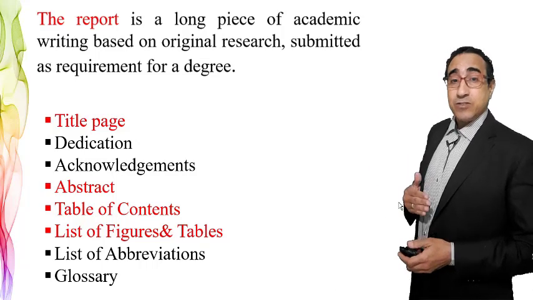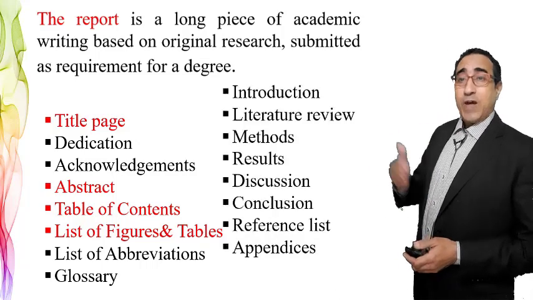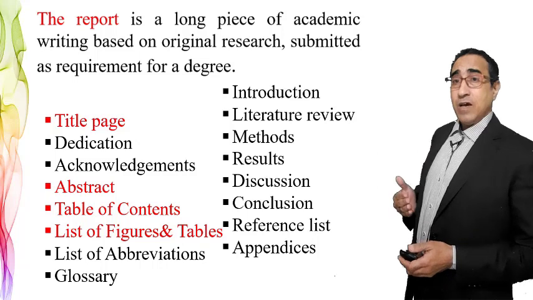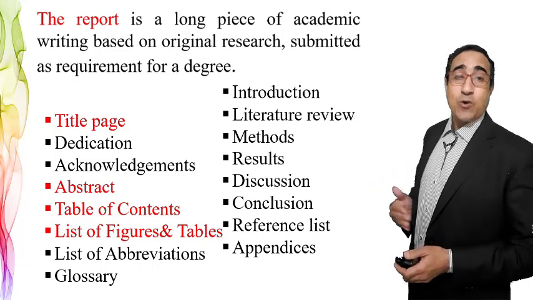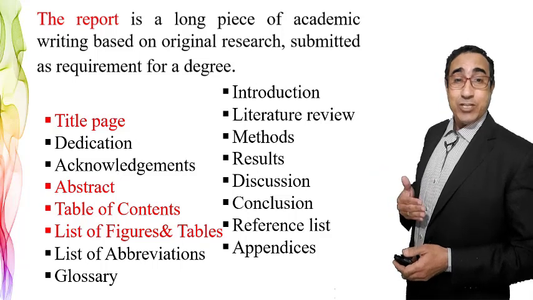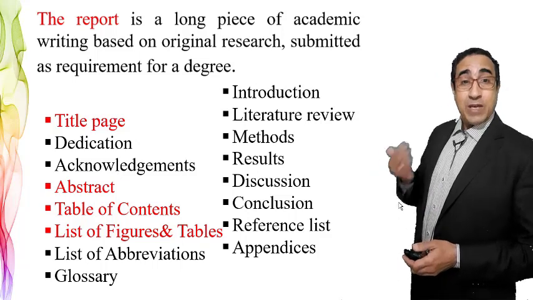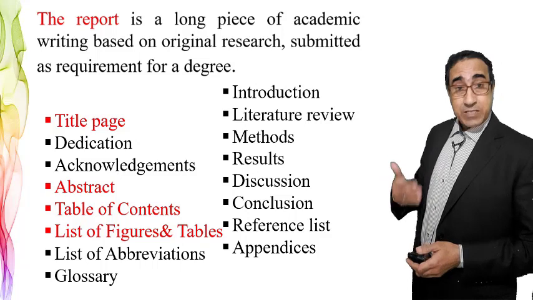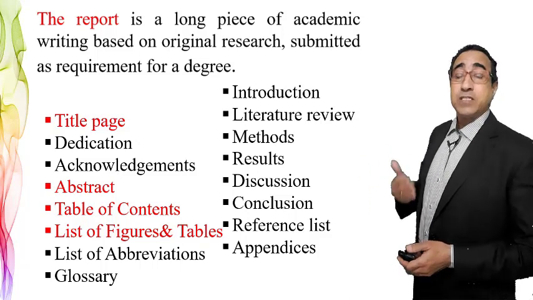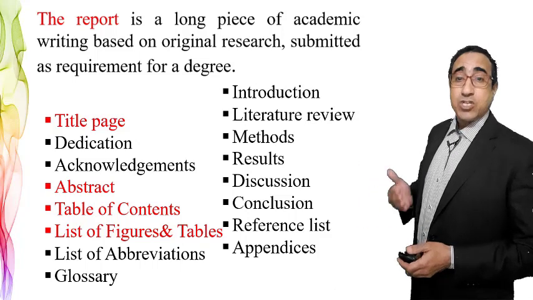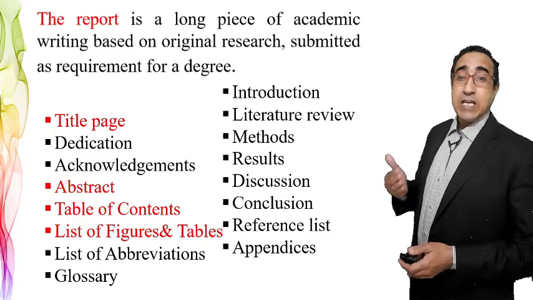What is the content of the research? Include the following items. Introduction is part of the body here. When we are talking about research, we are talking about paper submitted for a degree, literature review, methods, results, discussion, conclusion, reference list, appendices.